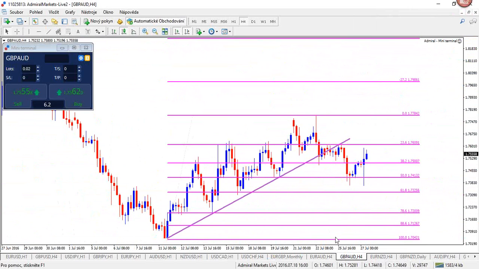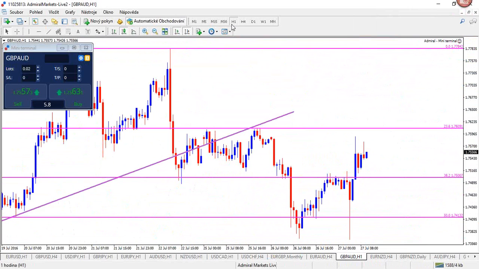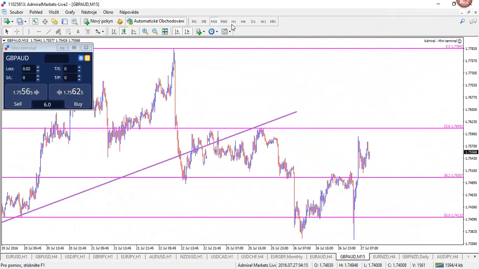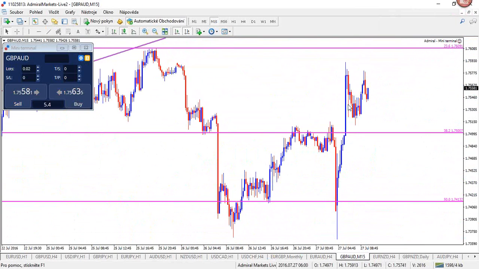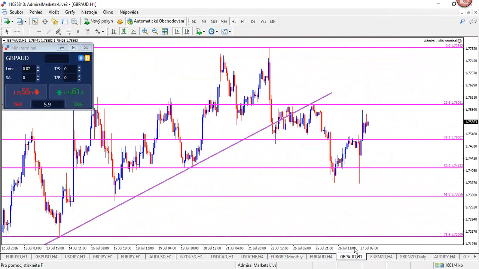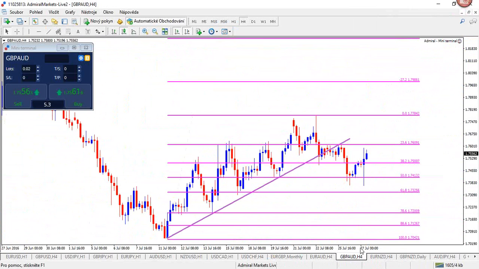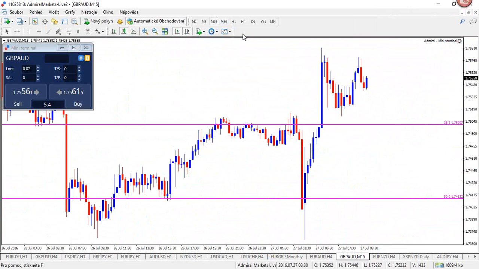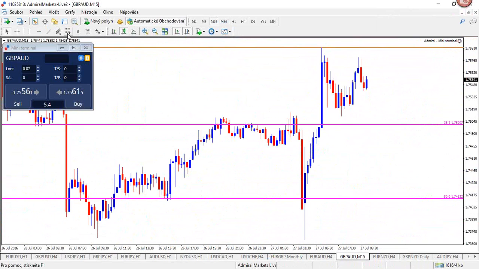All right, so let's dive in. Well, at this point, I think price needs to break above the high or make a deeper correction.